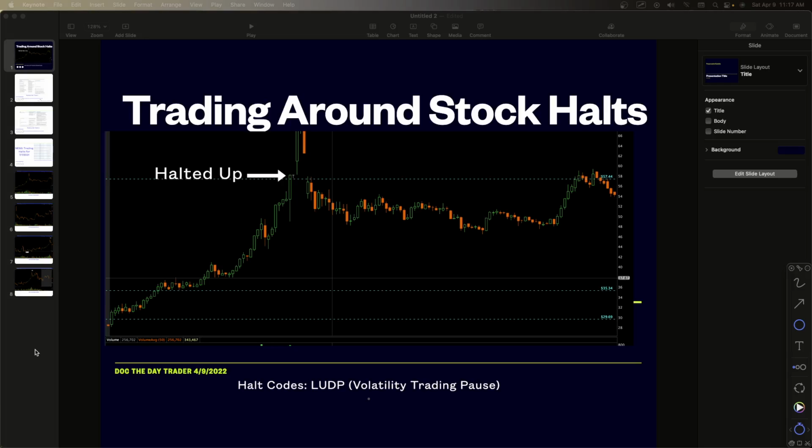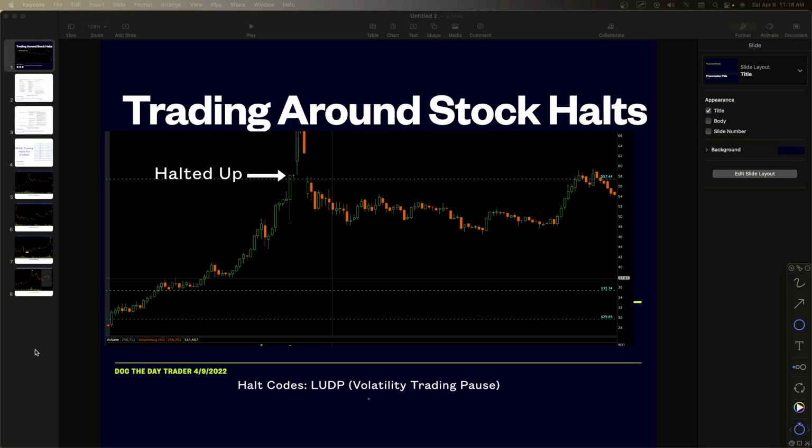So what's going on when stocks are halting up multiple times? Well, one could be some kind of big catalyst, some kind of news. A stock could be moving on no news, but traders think, hey, someone knows something, right? Maybe there's a rumor flying around out there, and we've seen that many times. Could be just a stock that's getting pumped, and it's just a momentum trade, and people want to FOMO in.